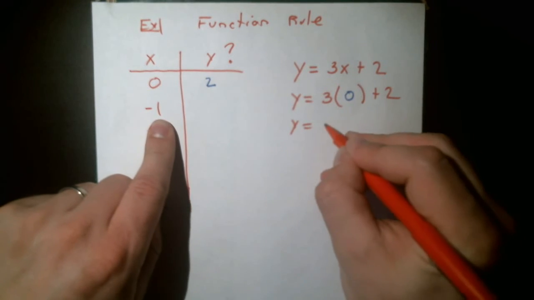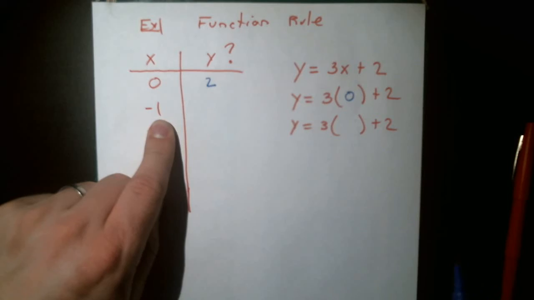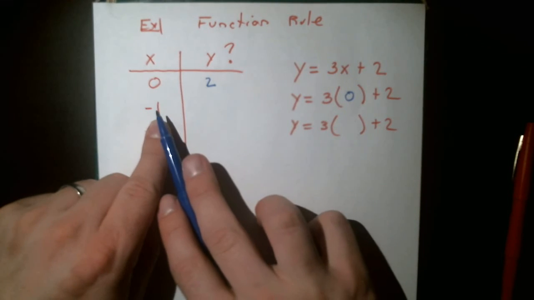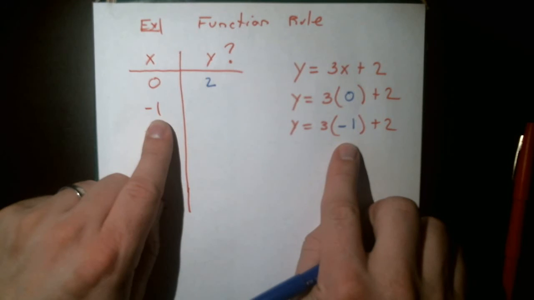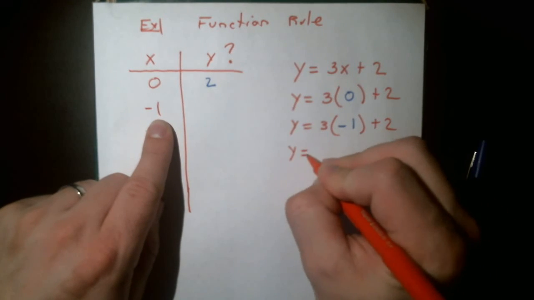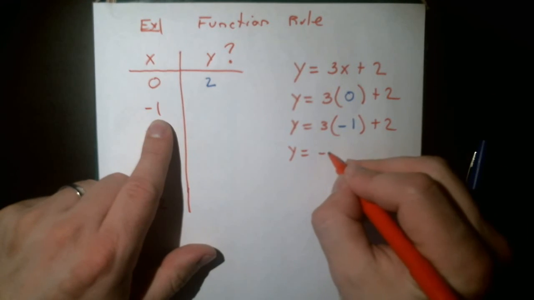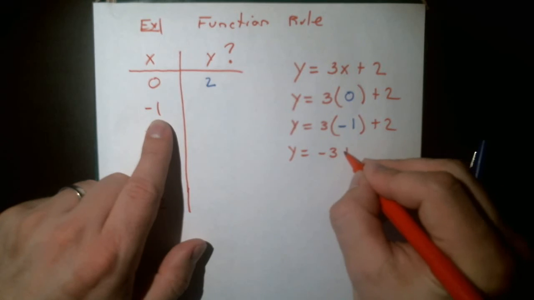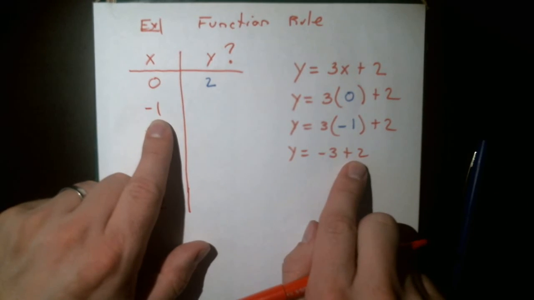Let's try some more. So y equals 3 parenthesis plus 2. What's our input? -1. So keep going here. Y equals, well, what's 3 times -1? If you said -3 plus 2, you're in good shape. But what is -3 plus 2?